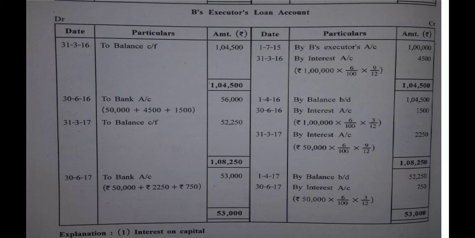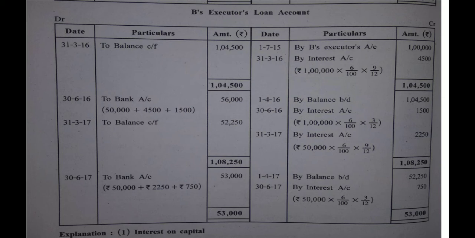If you'll see, 1,04,500. Now you have calculated interest for 9 months in the previous year, and here you are calculating interest for 3 months, 30/6/16, if you can see. Why 3 months? Because earlier 9 months and 3 months now makes a year. 1 साल खत्म हो गया.